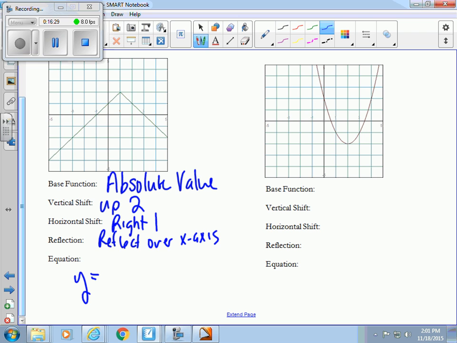So there is not a vertical stretch, but there is a reflection over the x-axis. So I have a negative in front of my absolute value. How do I know it's an absolute value and not a square or a cube or something else? It's your base function. The base function is absolute value. Those dots are going to get us there. How will I get it to move right one?